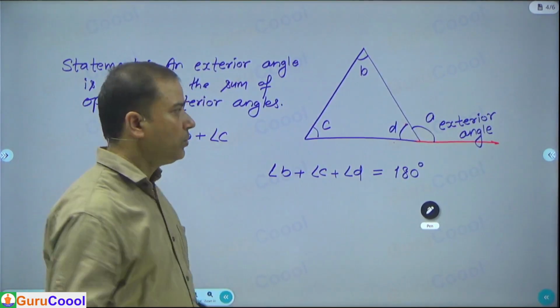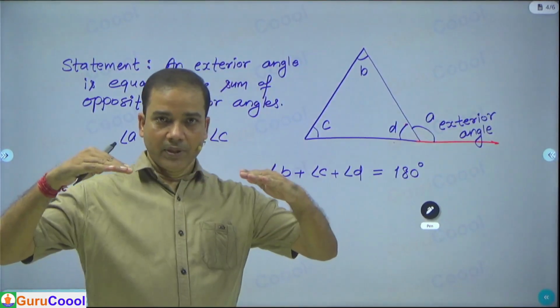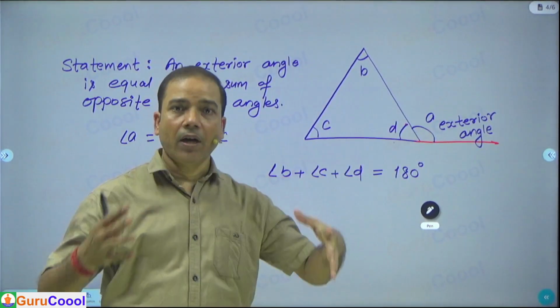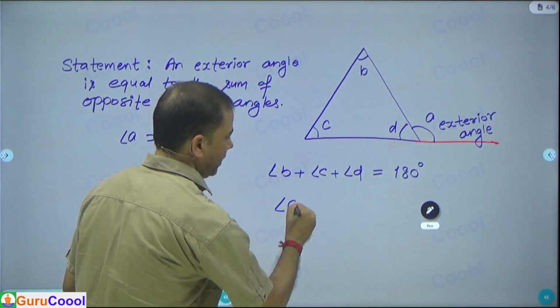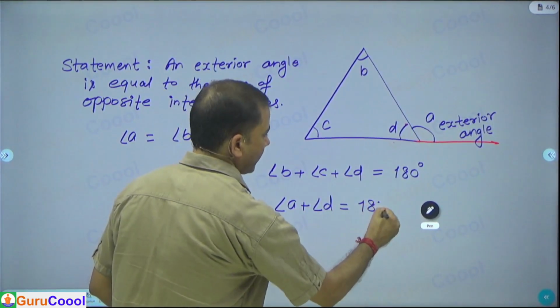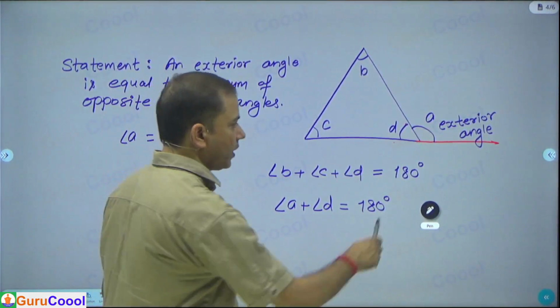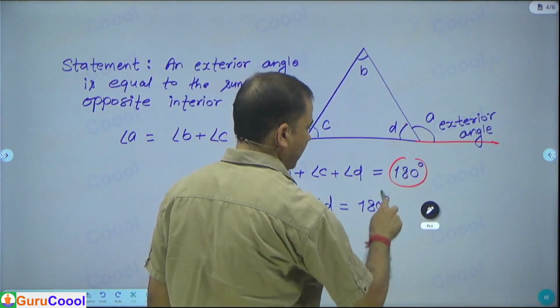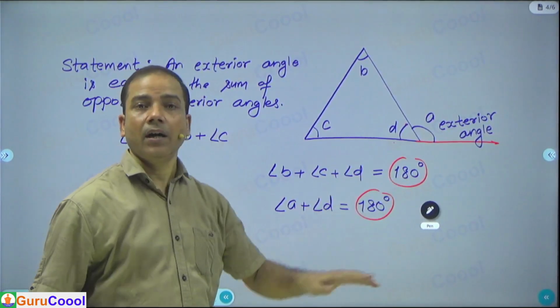We also know that angle A and angle D are on a straight line, so together they make a straight angle. Angle A plus angle D is also 180 degrees. So what is important here? 180 degrees and 180 degrees. In these two equations, the right hand sides are the same.